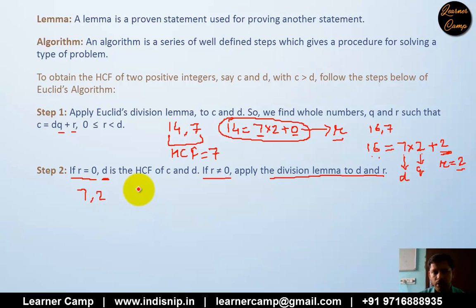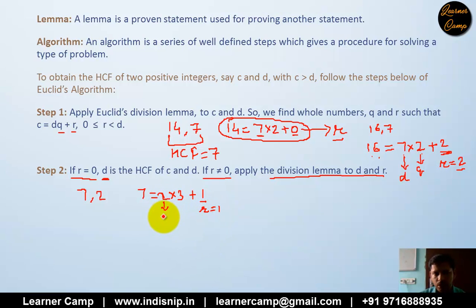So we can write it like this: 7 equals 2 multiplied by 3 plus 1. 2 times 3 is 6 plus 1. So again we get the remainder as 1. It is not equal to 0. Unless we get the remainder 0, we don't get the HCF, and we keep on applying Euclid's division lemma. So in this case, r is not equal to 0, r is equal to 1.